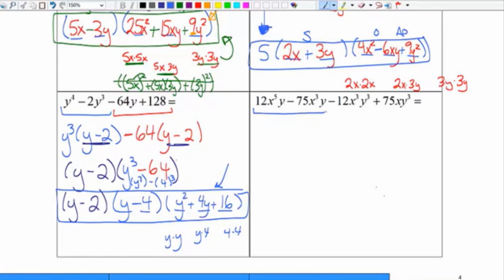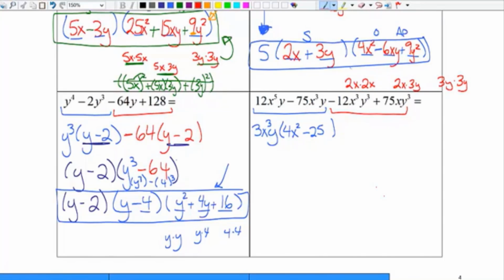I have another 4-term polynomial for the next problem, which means I'm going to have to do grouping. So when I do grouping here, I have 12 and 75, looks like a GCF of 3. Between x to the 5th and x cubed, that's x cubed y, which leaves me with 4x squared minus 25.